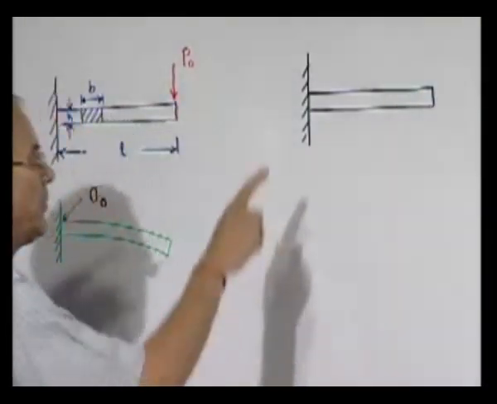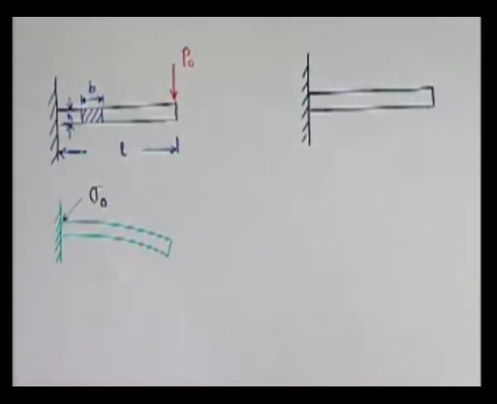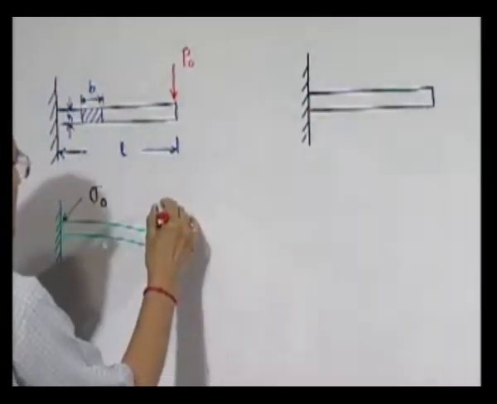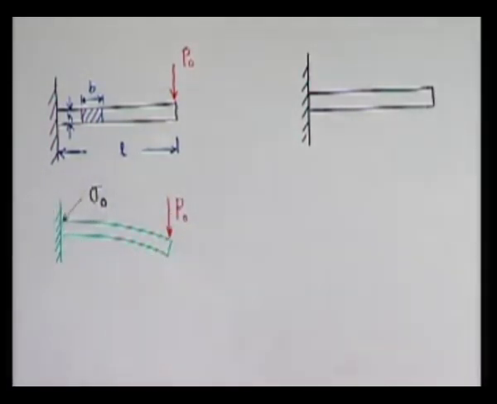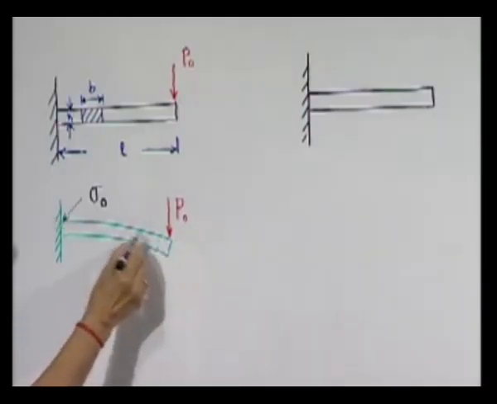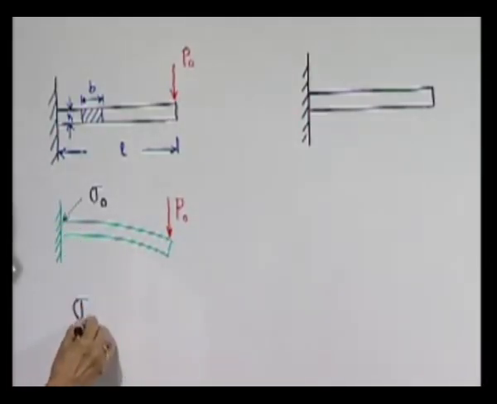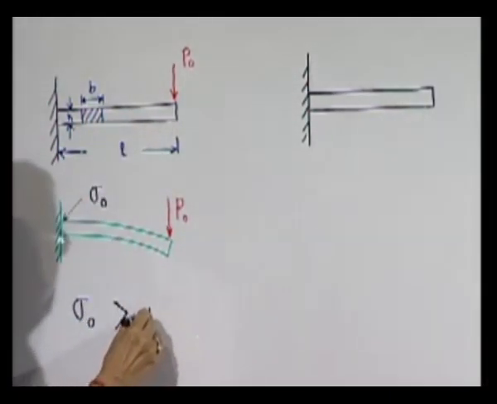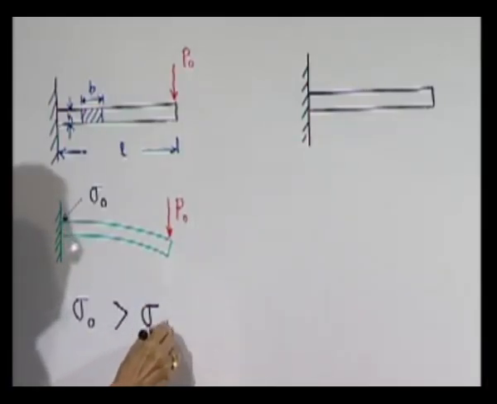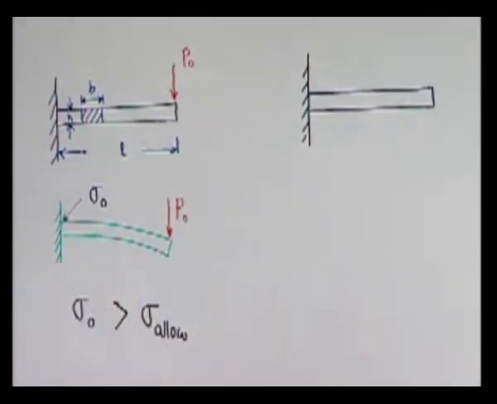But before we take up this comparison, let us also find out a situation where you want to design this cantilever beam. Now what happens? Normally from our design procedure we know that the maximum stress developed here is sigma 0, and let it be so that in this particular case it is more than the maximum allowable stress for this material.